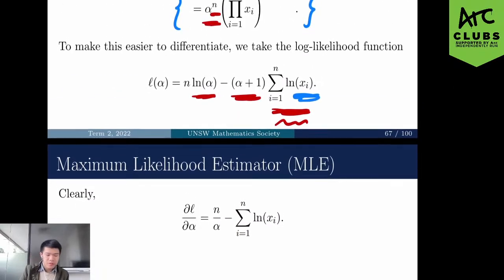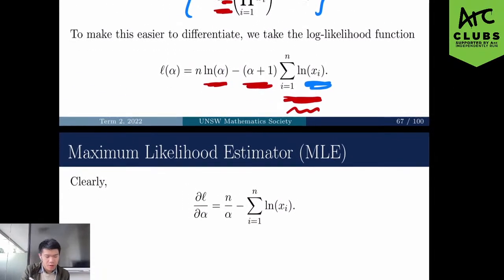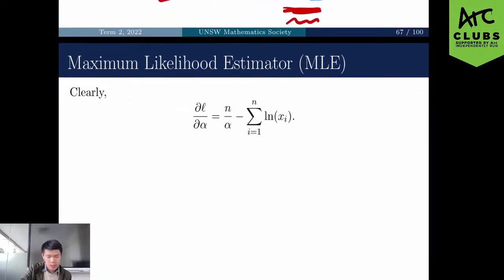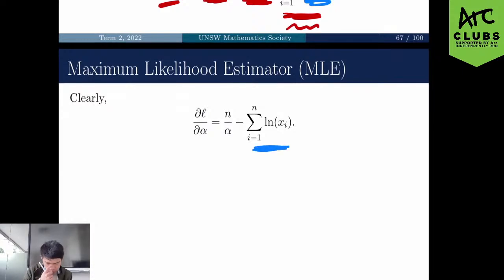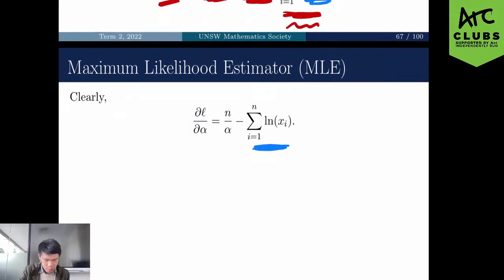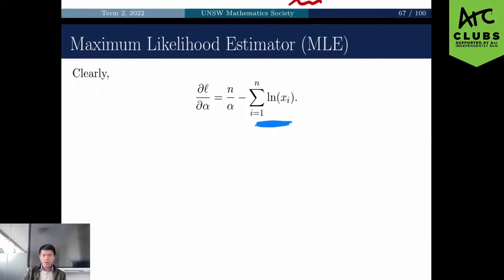Right, and remember we differentiate with respect to alpha because we're trying to find the maximum of L under alpha. So we do n divided by alpha minus the sum. Alright, and as you probably remember from first year calculus, the next step is just to set this equal to 0.